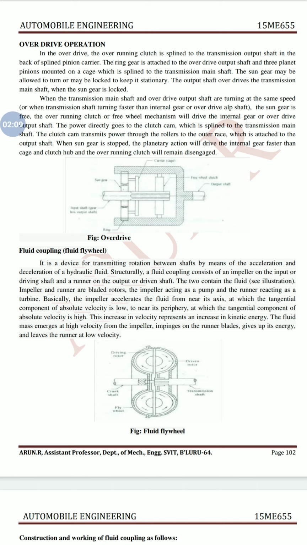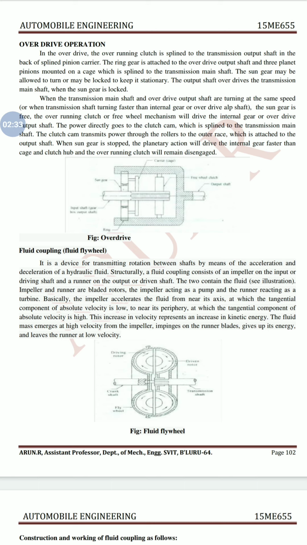Suppose we are driving a vehicle in the mountains, then the overdrive will be switched off so that we get the required speed. Overdrive is applicable only on highways, long drives, and when the roads are in good condition.